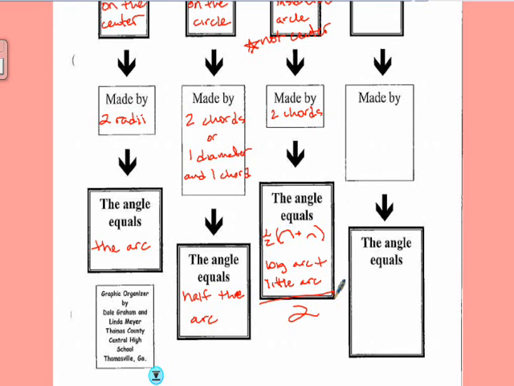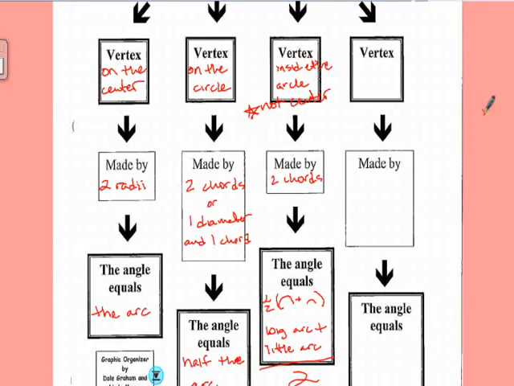And then if the vertex is outside the circle, then it can be made up by all sorts of stuff. It can be made up by two tangents, two secants, or one of each.